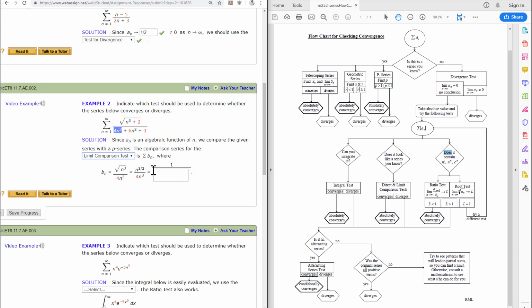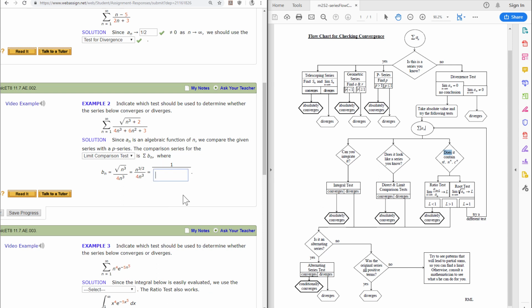You would compare it to n to the 3/2 divided by n to the third, and so you would add or subtract the powers, however you want to look at it. I would get 3/2 minus 3, which is 3/2 minus 6/2, giving me negative 3/2.